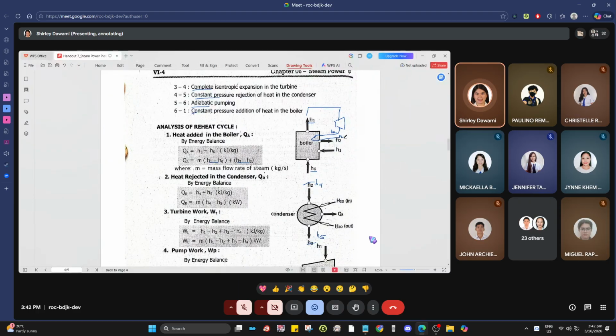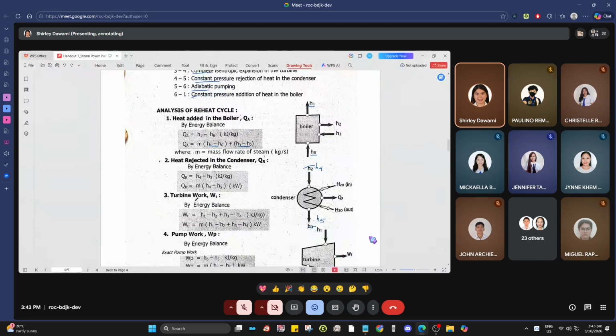It's easy to get confused by the illustration here, which shows H2 exiting and then H3. H3 is the steam that exits after superheating. So H1 minus H6 plus H3 minus H2. For the heat rejected in the condenser, that is H4 minus H5. Okay, so H4 is not H2, because there is another process, which is 2 to 3.